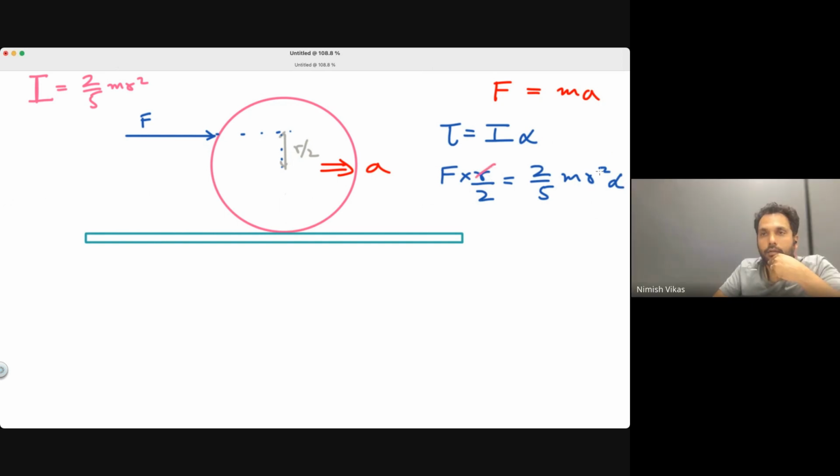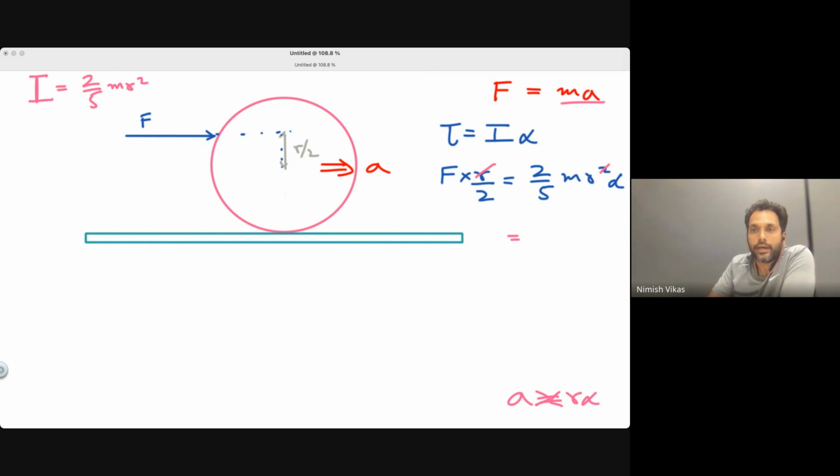So this R gets cancelled, and let us just check with the MR alpha, because we have got an MA and we have to compare. What have we got to compare? We have to compare my A with R alpha, right? Who is winning, that's the main thing. That is going to decide the direction of friction, right, guys?